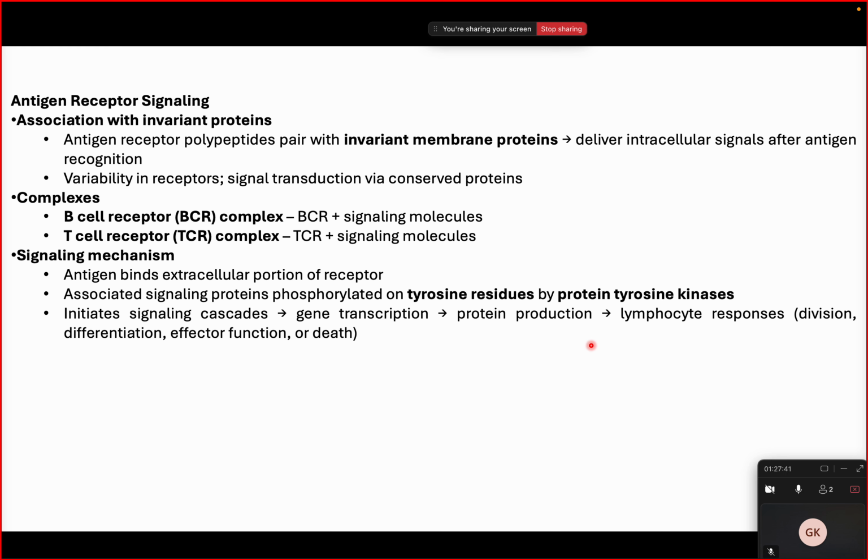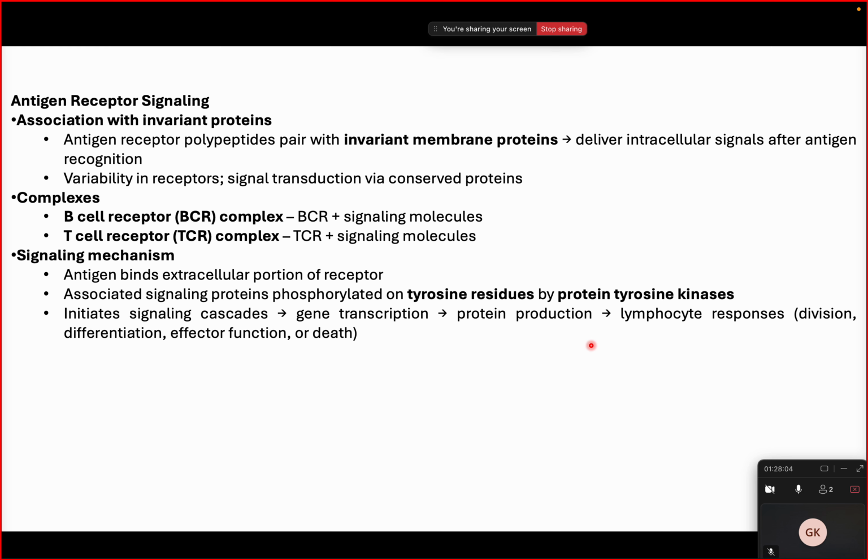They deliver intracellular signals after antigen recognition. Variability in receptors, signal transduction via conserved proteins. What are the complexes involved in this? It is the B cell complex and the T cell complex. Till now, we studied the B cell receptor and T cell receptor.